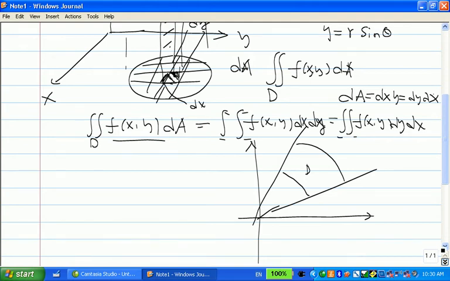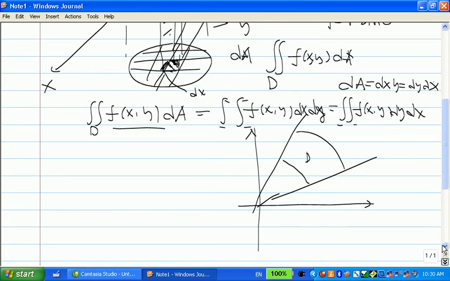So we'll explore the third option to find a double integral, other than dx dy or dy dx.